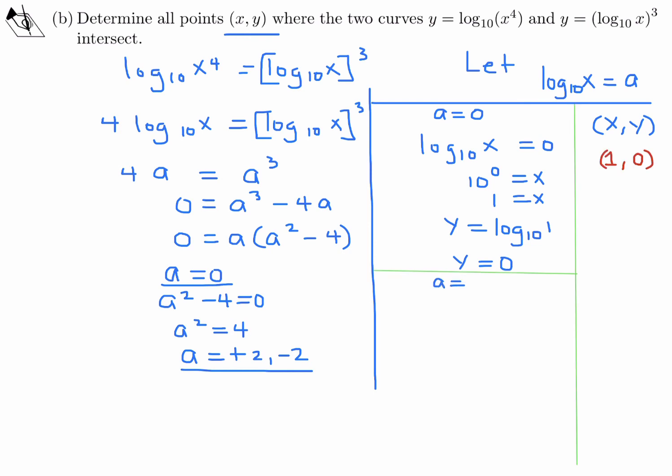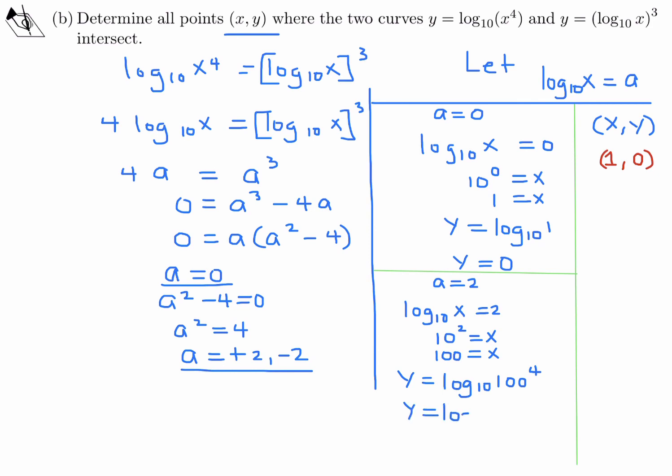Now let's look at a equals 2. If a equals 2, that means the log of x to the base 10 is 2, and that means 10 to the power of 2 is x, and therefore x is 100. If x is 100, we plug that into any of the y's. We get y is equal to the log of 100 to the power of 4 to the base 10.